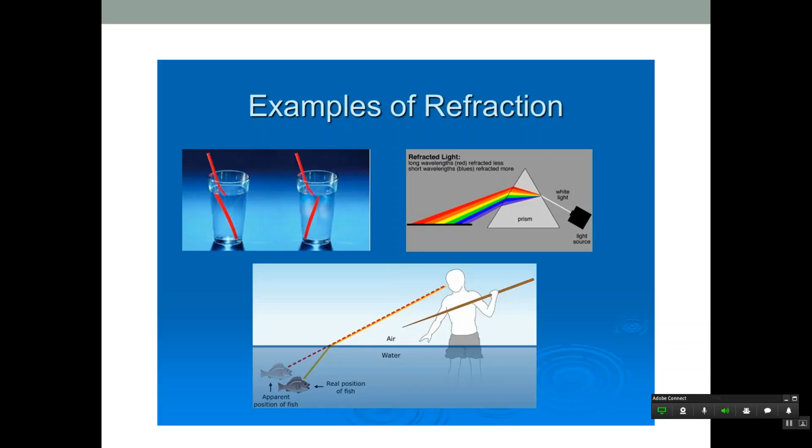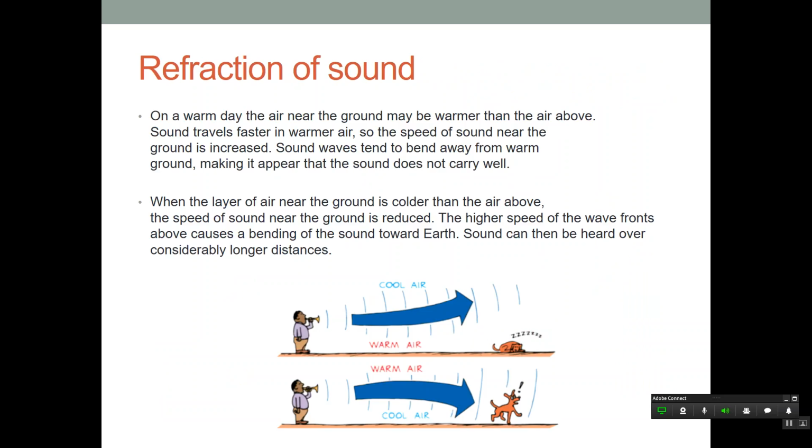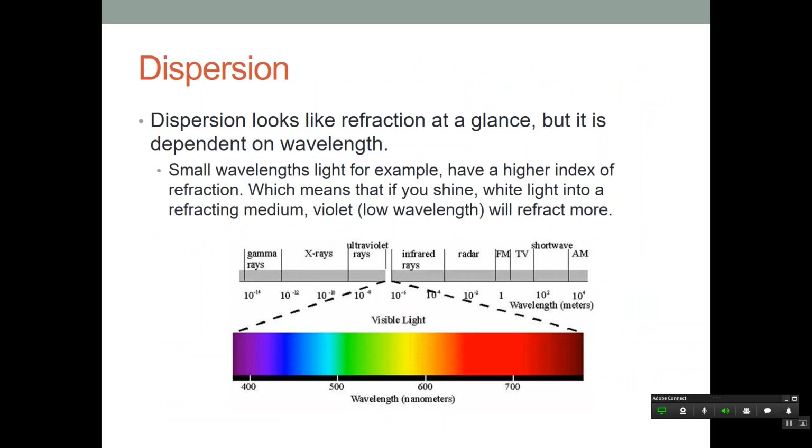Does red travel fast or blue travel faster? So you're going from an area of fast to slow, right? And the slowest one is going to be the one that's going to refract the most. So which one is slow in this case? Blue, okay? So blue is going to refract more. So here, you can write that on this end, you can say that it refracts more. And here you can say that it refracts less.